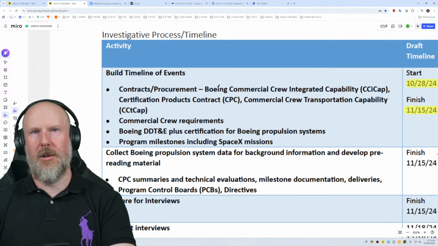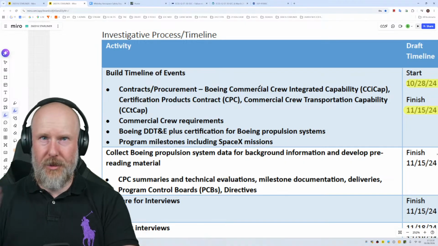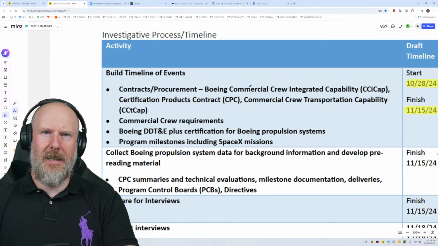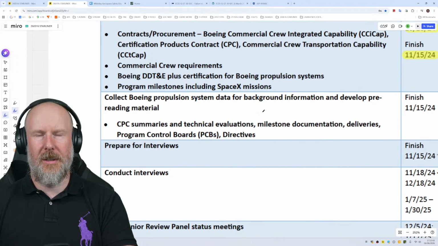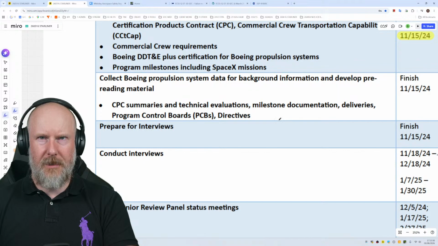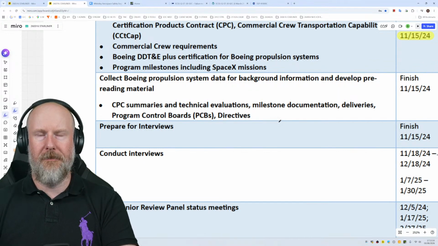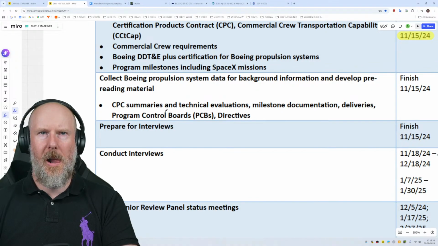So contracts, procurement, Boeing commercial crew integrated capability, certification products contract, commercial crew transportation capability, commercial crew requirements, Boeing DDT&E plus certification for Boeing propulsion systems, program milestones including SpaceX missions. Collect Boeing propulsion system data for background information and develop pre-reading material.